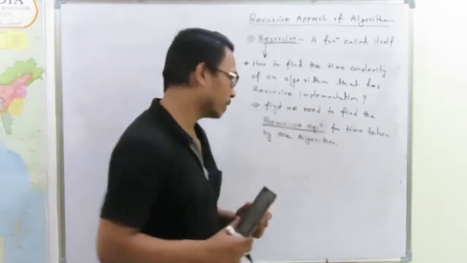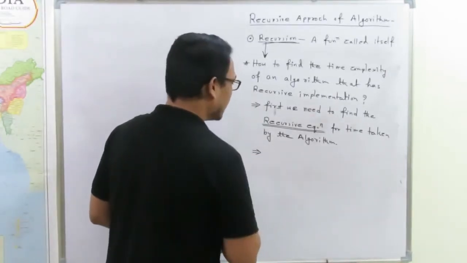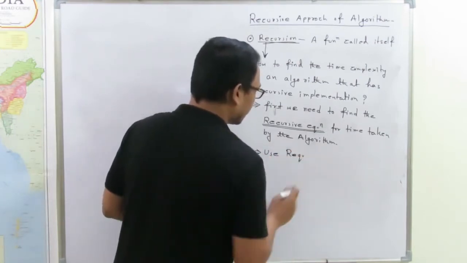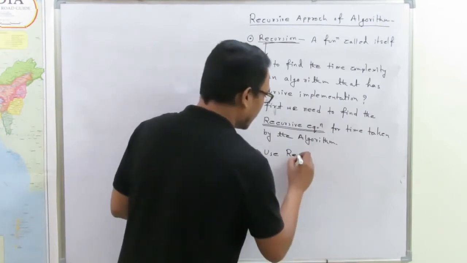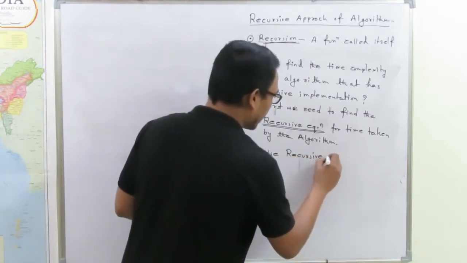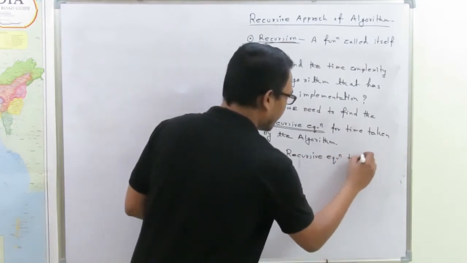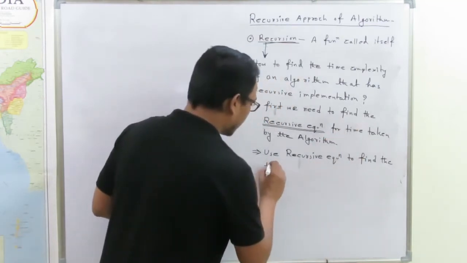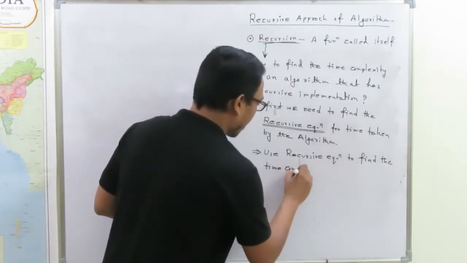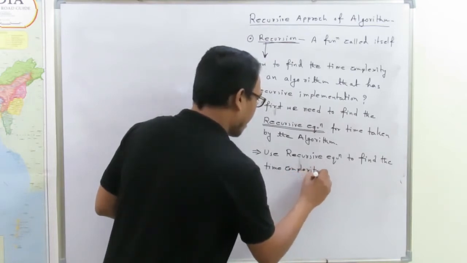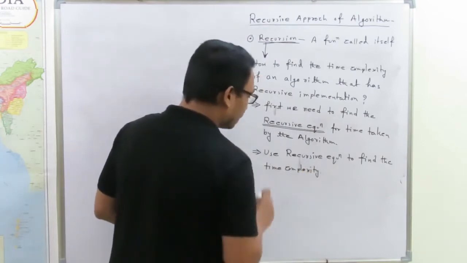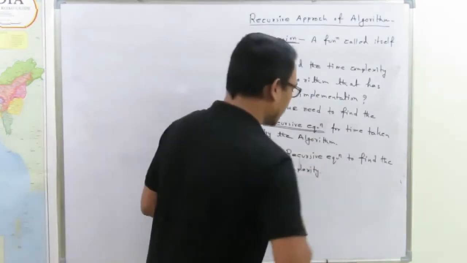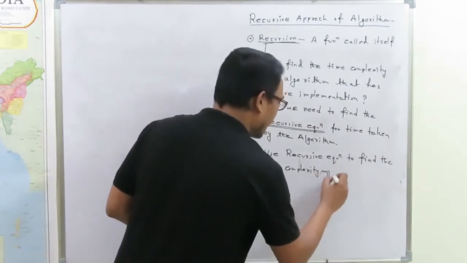So next step is use recursive equation to find the time complexity. Clear? And by using the recursive equation to find the time complexity, we can use two different methods.